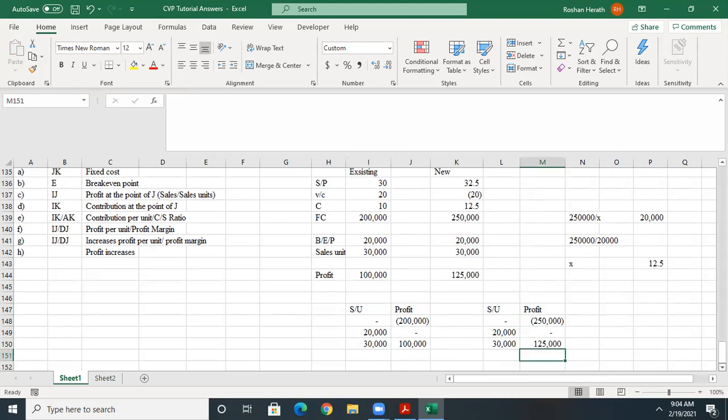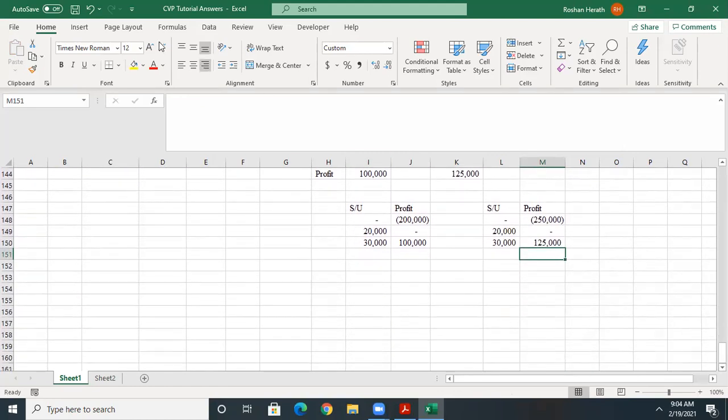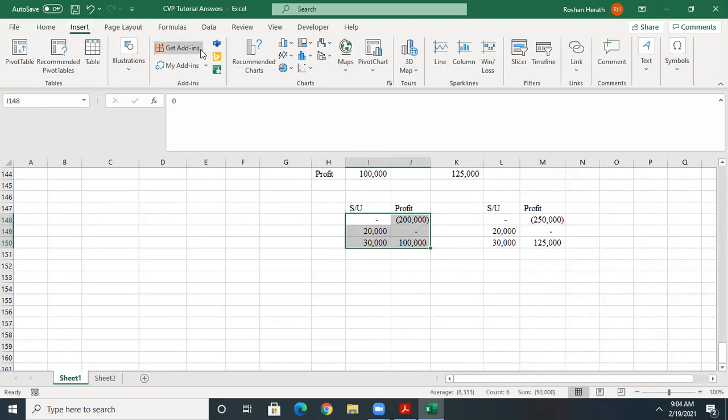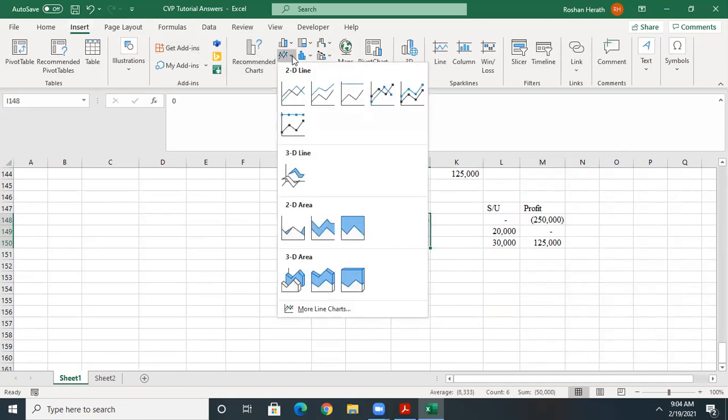So let's try to put this situation in a graph. So you can select this and you can go to insert. You can simply draw that, but in my case, I'm trying to take it.